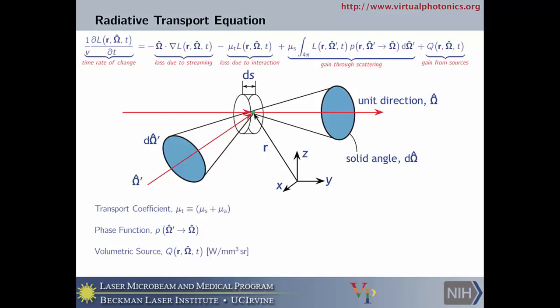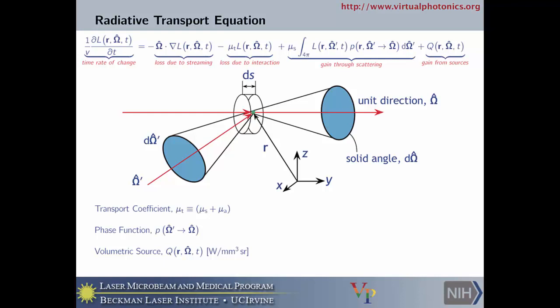All other directions omega prime are all the angles that lie on the unit sphere, and this is an integration over all directions. And 4 pi reminds you this is an integration over a unit sphere, which has a surface area of 4 pi.